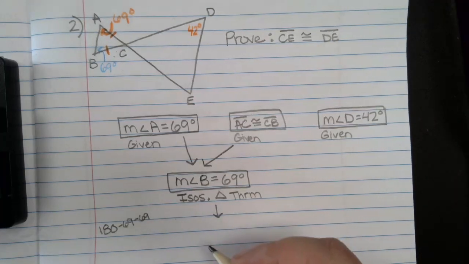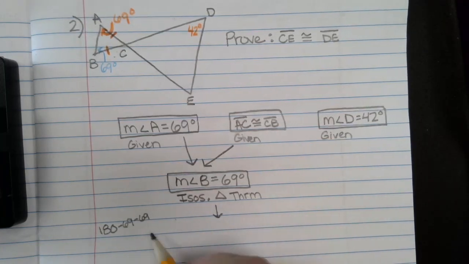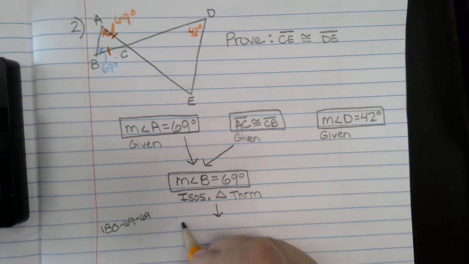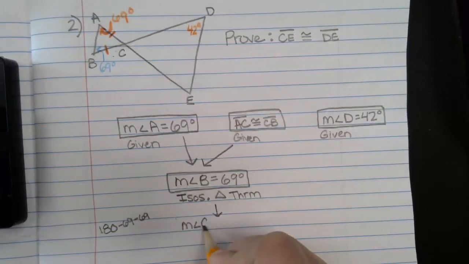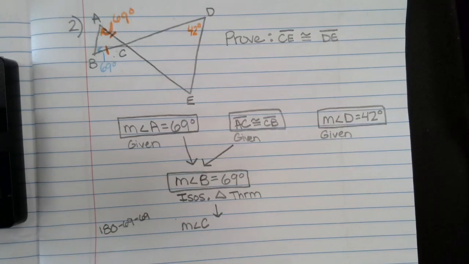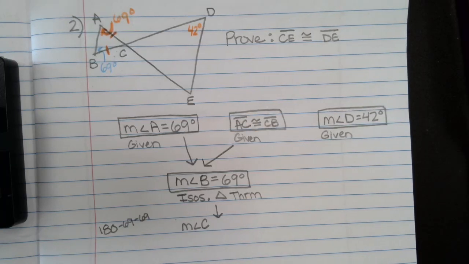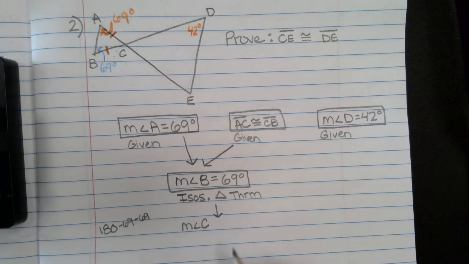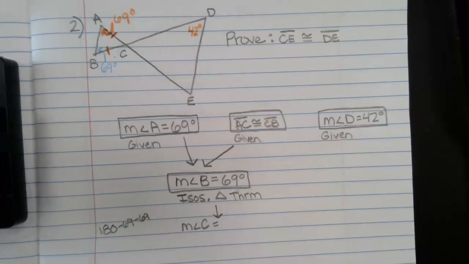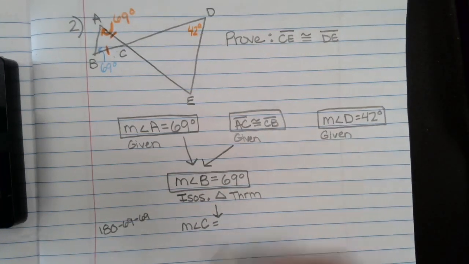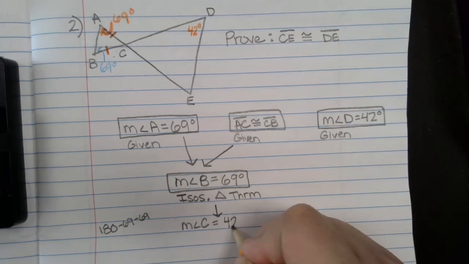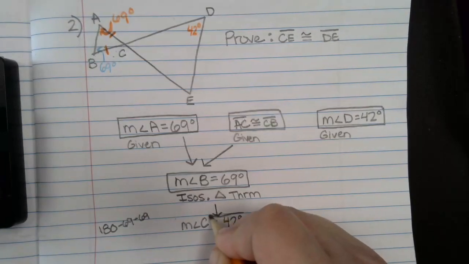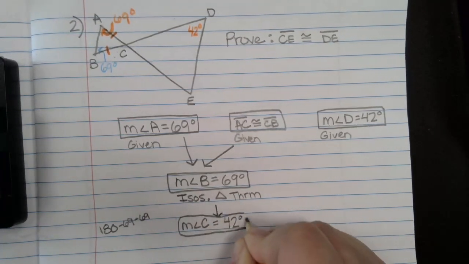Or someone on a calculator? 42, good. So measure of angle C is 42 degrees. That's good. That means I did this right. Yay.